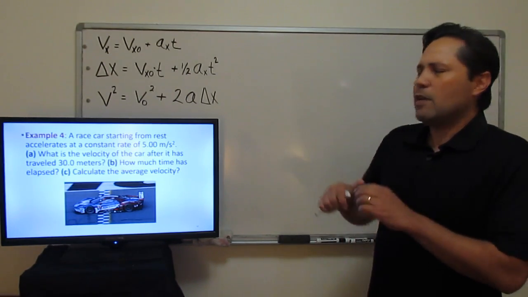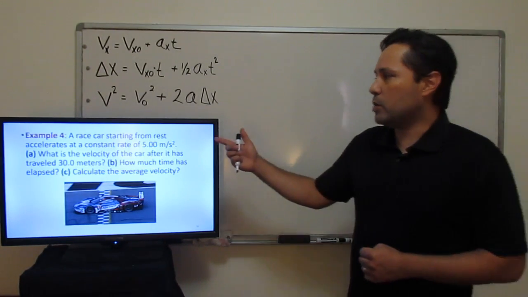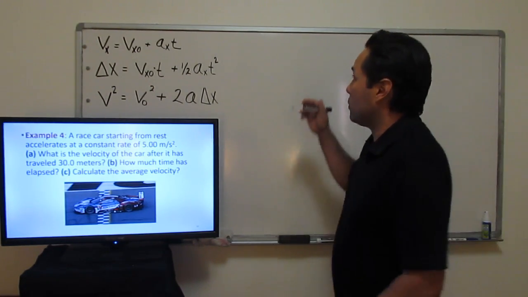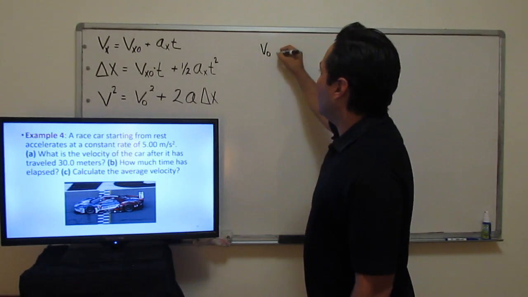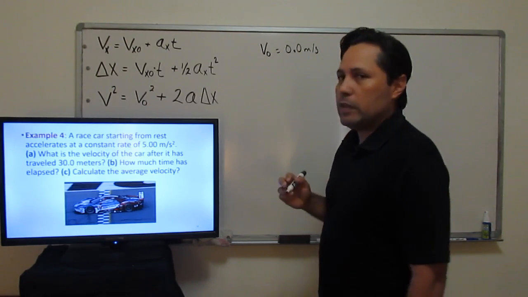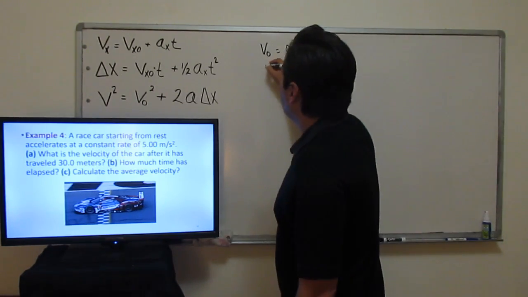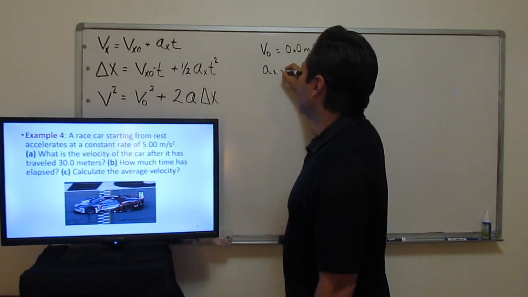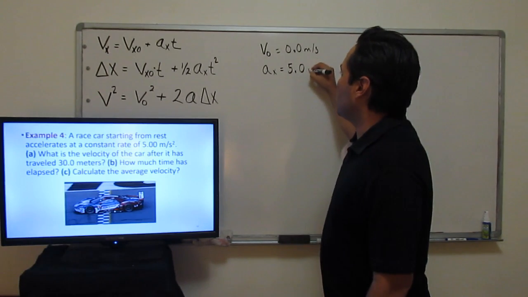In this one, we should start by writing down what is given to us. Given to us is that the car is starting from rest. So velocity at time 0 is 0 meters per second. Also given to us is the fact that we have an acceleration. So the acceleration on the x-axis, the car is flat, it's 5 meters per second squared.